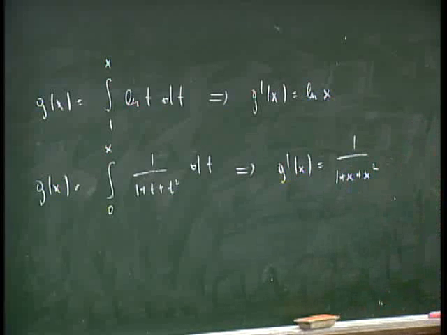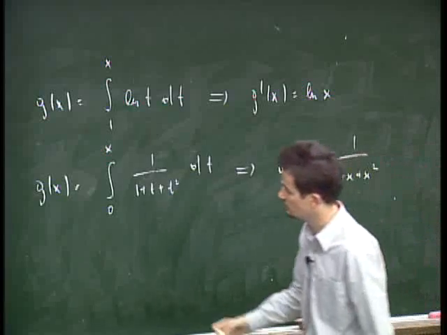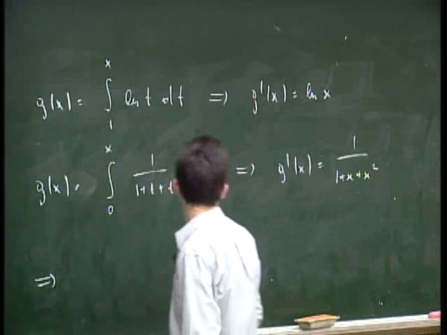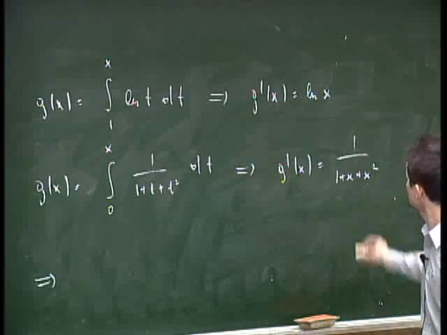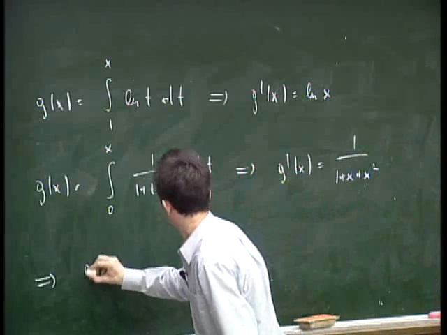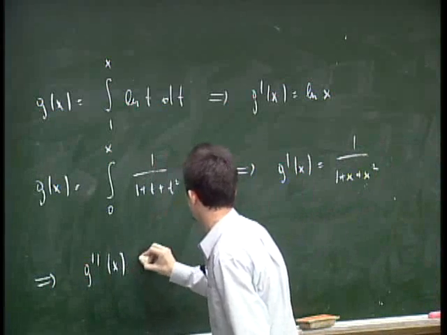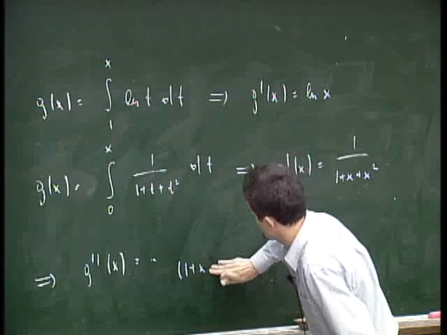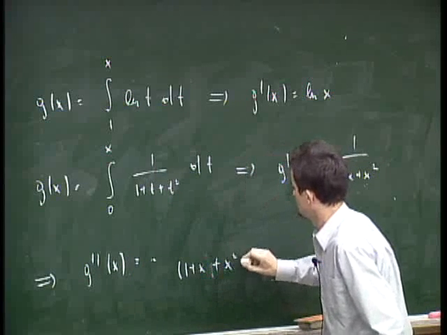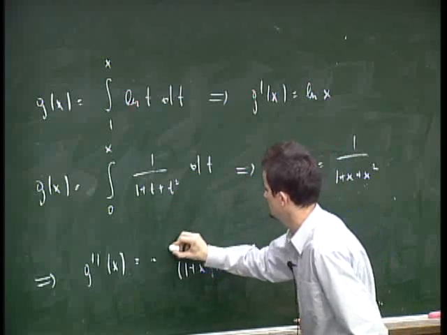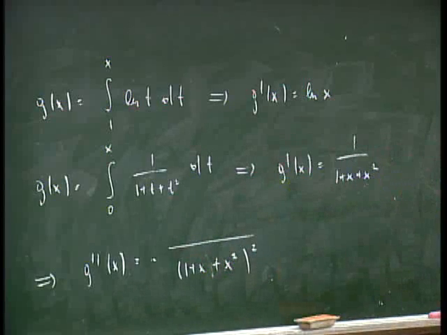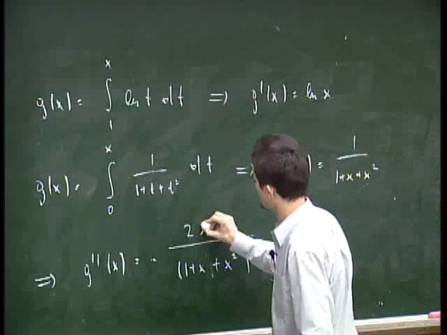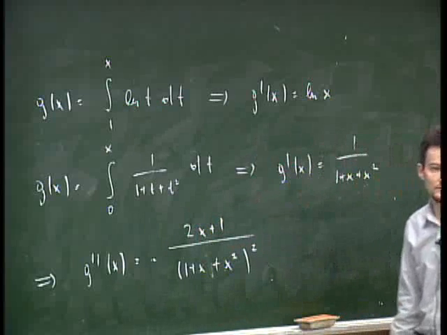If we want to discuss concavity behavior, we have to look at the second derivative. The second derivative of this function is equal to minus 1 over 1 plus x squared, squared, times the inner derivative, which is 2x.